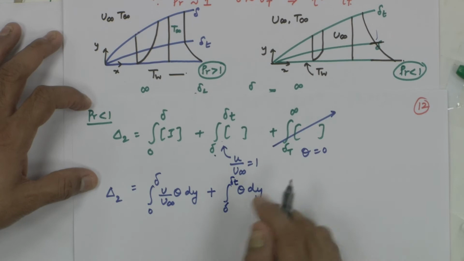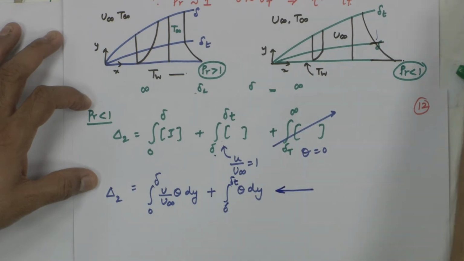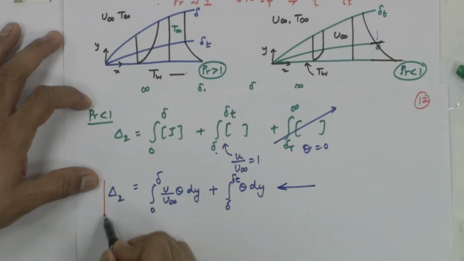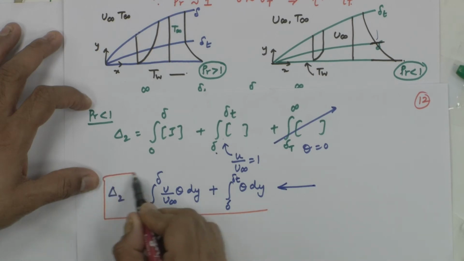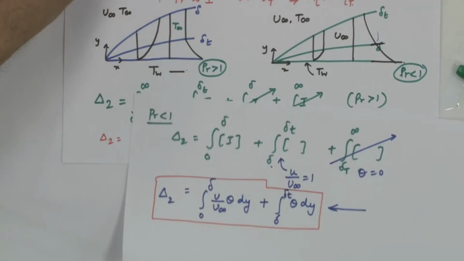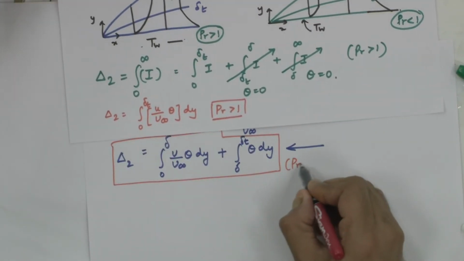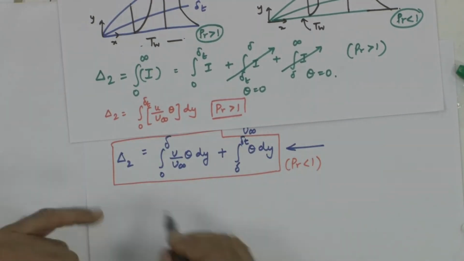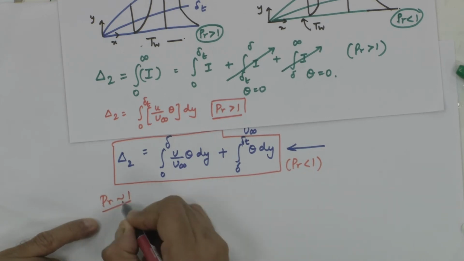It is not 0. So I have two terms here for the enthalpy thickness. Here I had only one term. This is for Prandtl number less than 1. Prandtl number equal to 1 is what we are going to do.